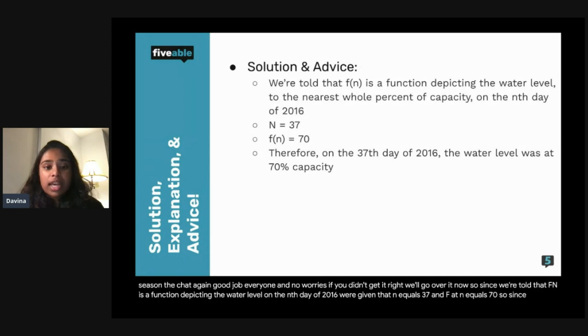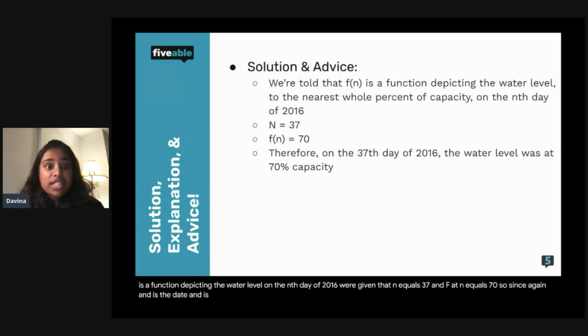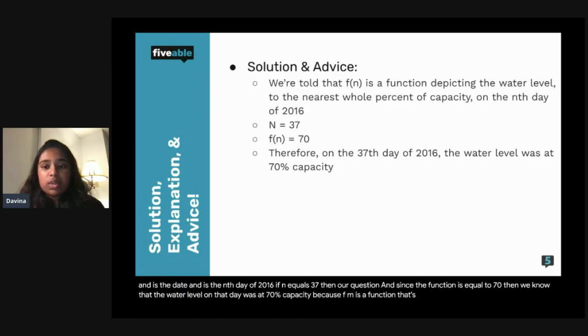Since n is the nth day of 2016, if n equals 37, then our question directly relates to the 37th day of 2016. And since the function is equal to 70, we know that the water level on that day was at 70% capacity, because f of n is a function depicting the water level.